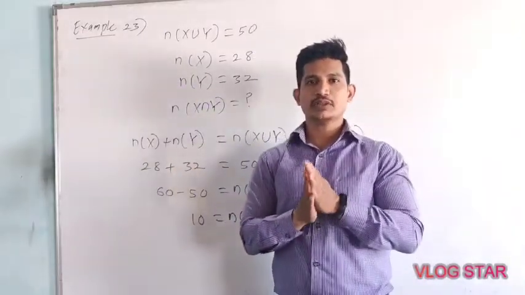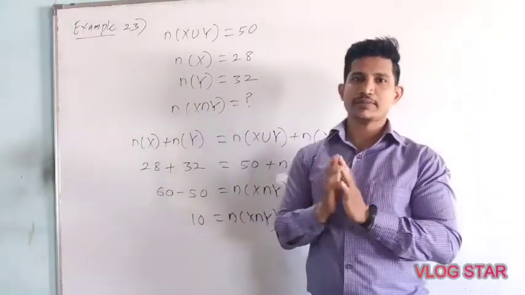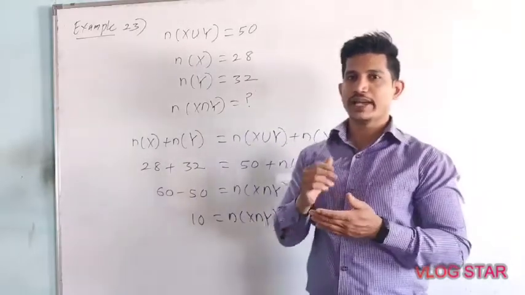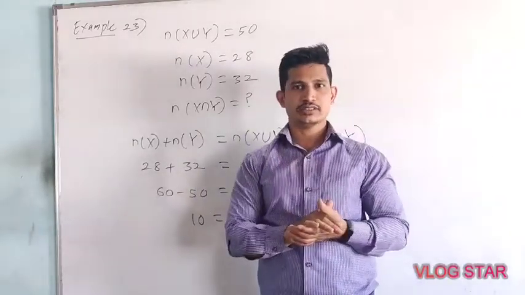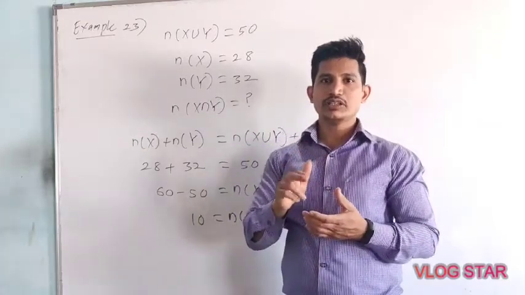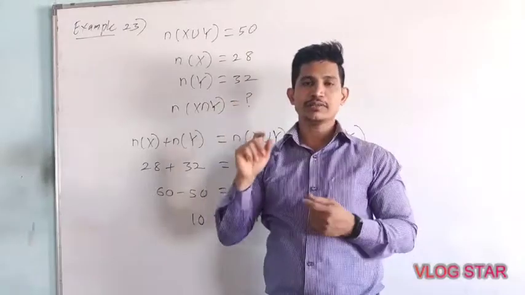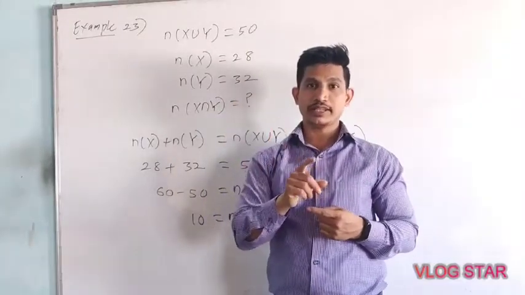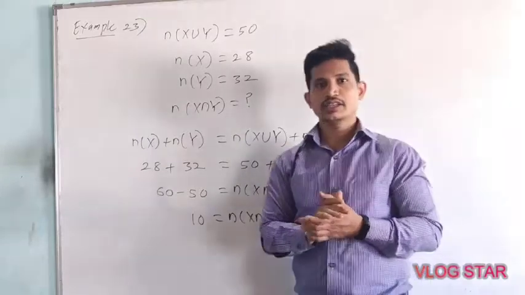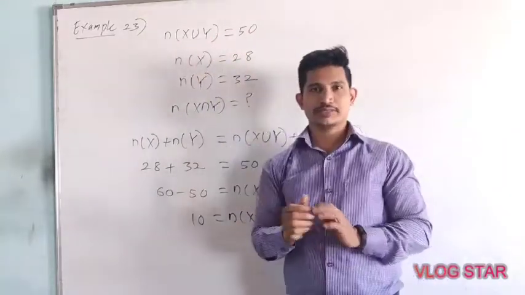In that example, X and Y are two sets. X union Y has 50 elements. Therefore, n of X union Y is 50.